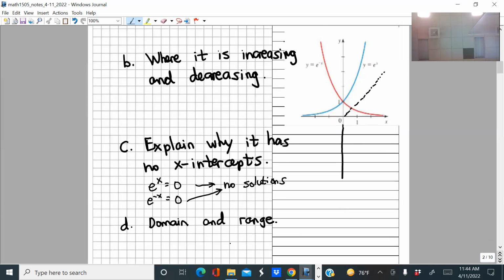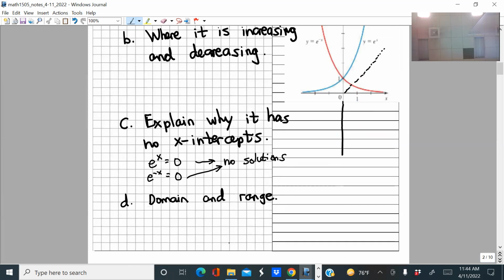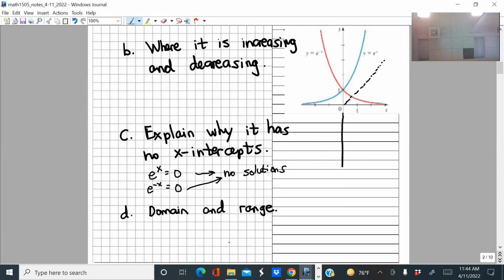What about the domain and range of, let's just look at e to the x power. Well, actually, both of them have the same domain and range. So just looking at the graph, what does it look like the domain is here? Remember, domain is what values can you use for x, right?